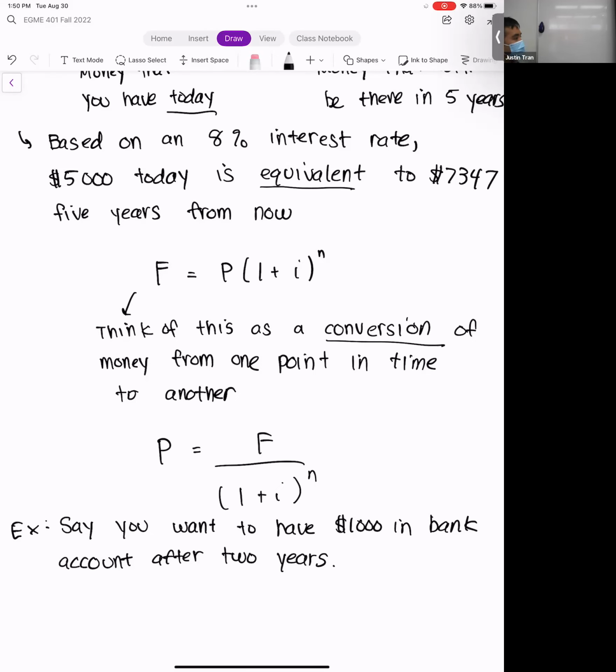And let's say that the bank that you're putting your money in has an annual interest rate of 2%. Okay. And so if you want to have $1,000 in your bank account after 2 years, the interest rate is 2%, the question here is how much money should you put in today?